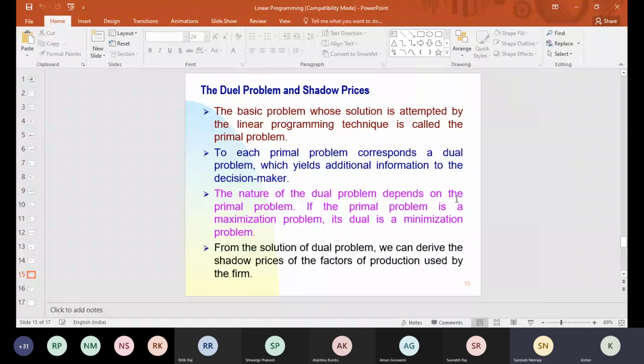Each primal problem corresponds to a dual problem which gives additional information to the decision maker. The nature of the dual problem depends on the primal problem. If the primal problem is a maximization problem, its dual is a minimizing problem. Means in case of dual, our basic objective will be how to minimize the cost of producing X and Y. Your 56 and 178 will come into the picture on the right hand side.